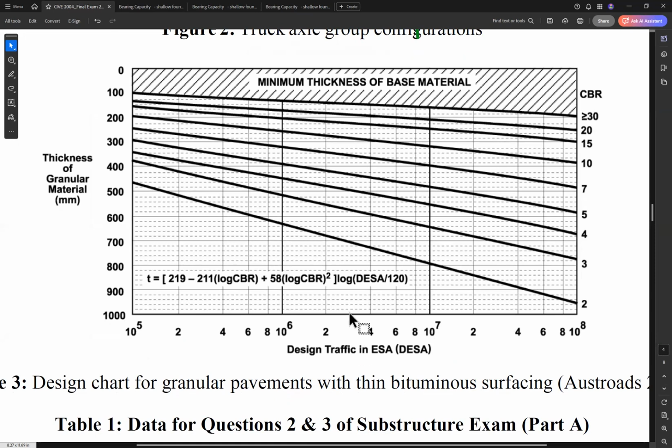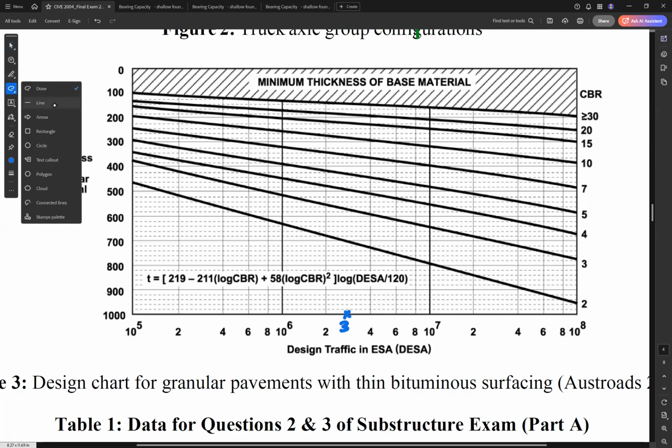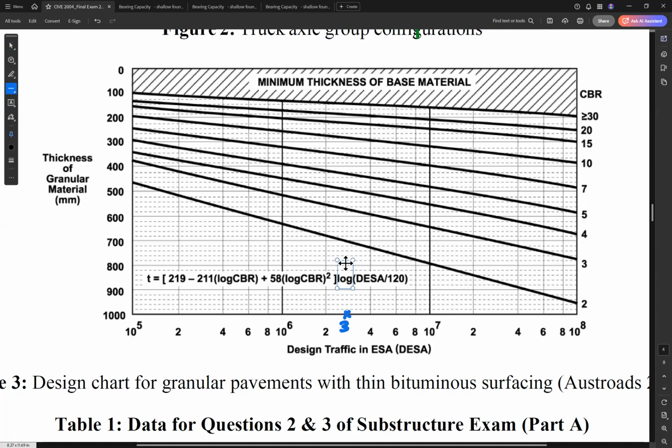So we're here. This is 1 million, so 2 million, 3 million somewhere here. Is that correct? If we make a straight line, my question is, what are 10.5, 10.6, 10.7, and 10.8? Can't three be between those?